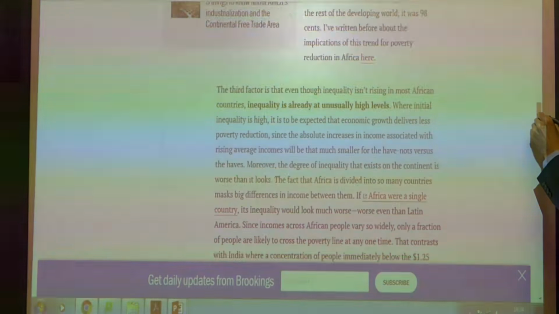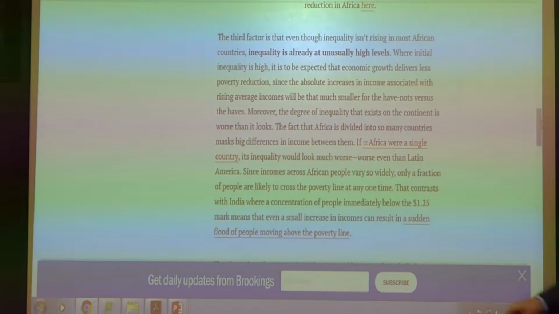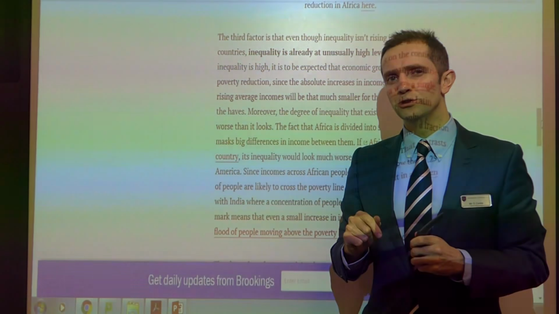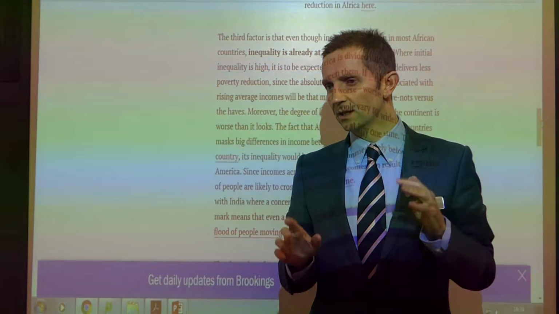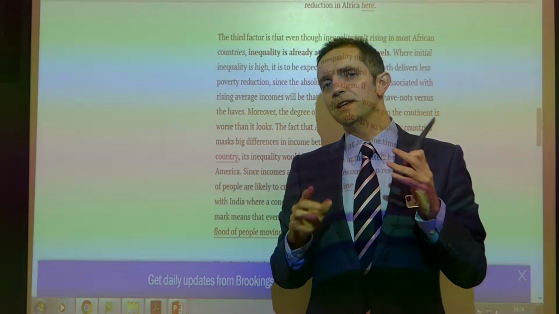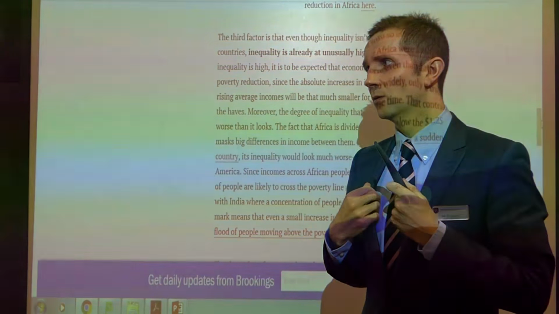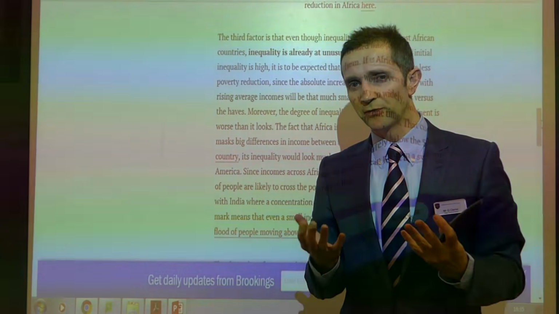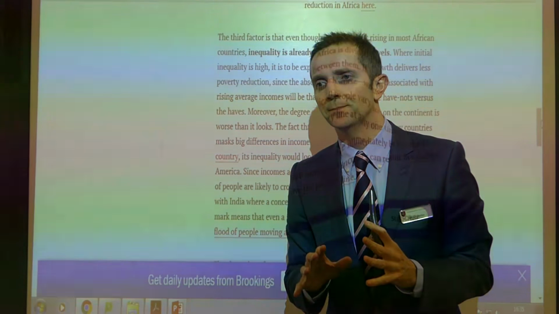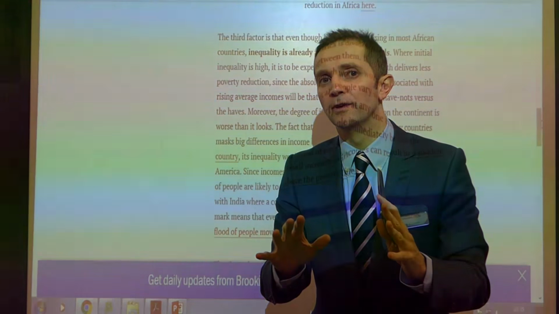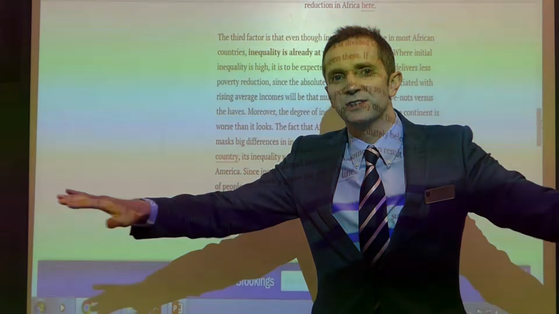Point number 3. Inequality is already at unusually high levels. So what does that mean in this context? What it means is that the factors of production, which will obviously yield an income for people, are already owned by a small number of people, and everybody else has nothing.